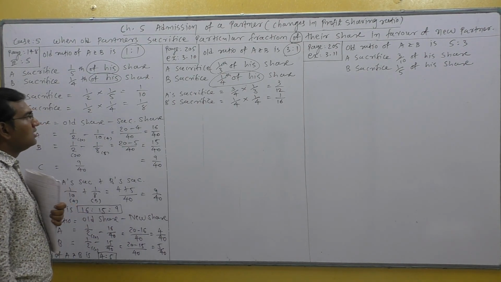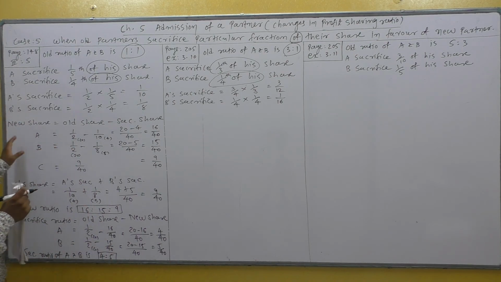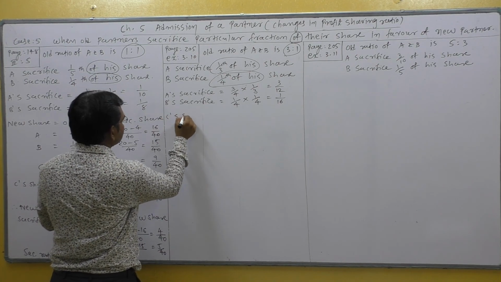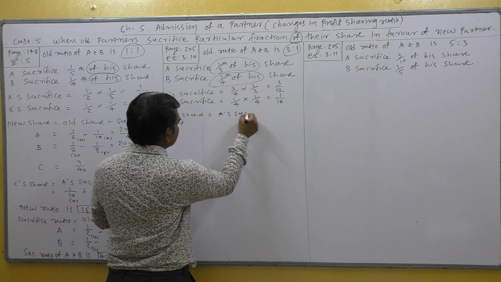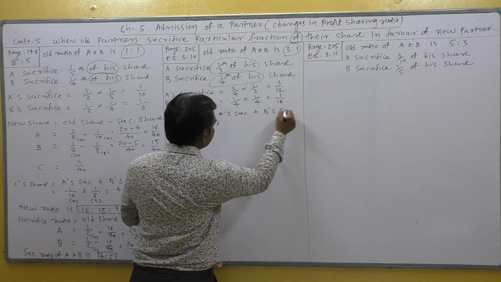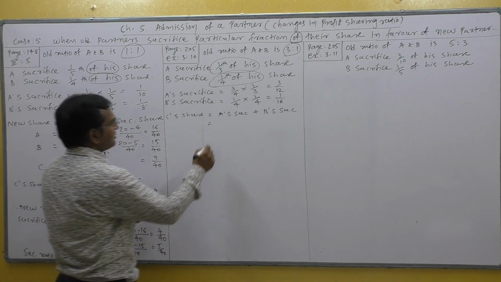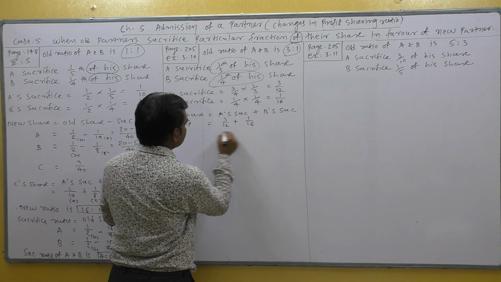And now determine new share. Student, before determining new share, it will be better to determine the new partner's share, because here C's share is not given. Very simple. C's share is equal to A's sacrifice plus B's sacrifice. A sacrifices 3 by 12 share and B sacrifices 1 by 16 share.